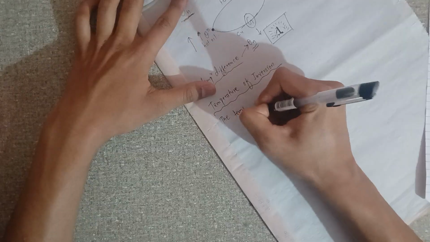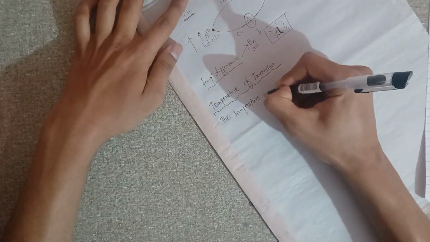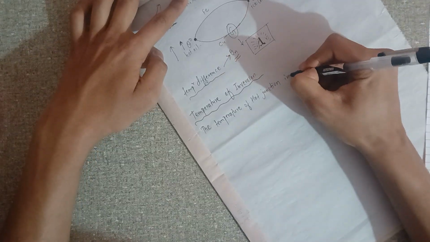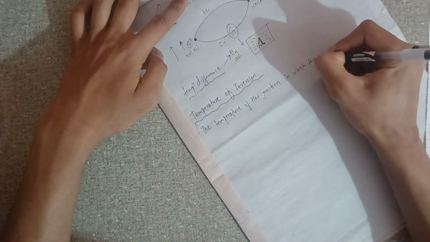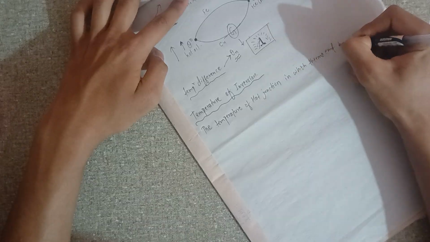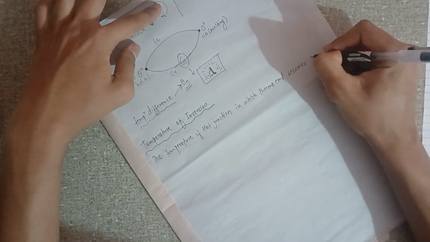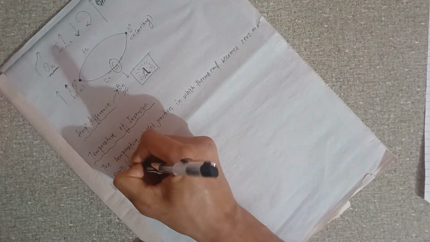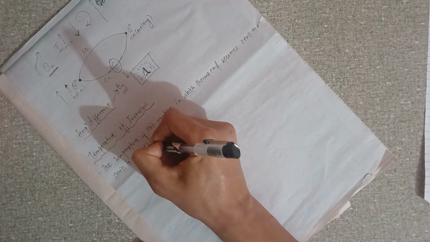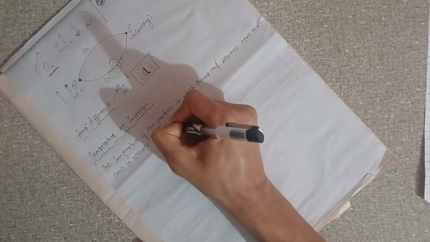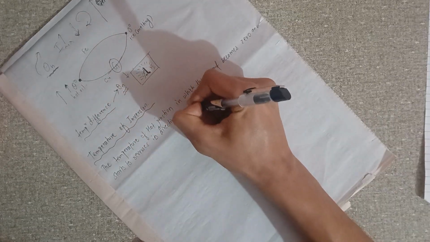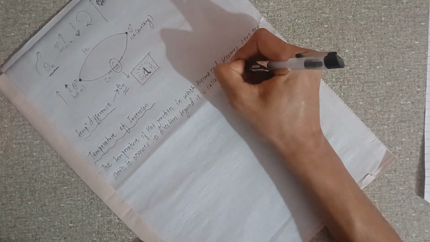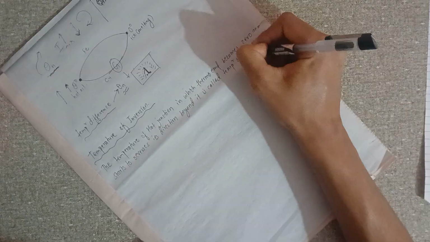The temperature of hot junction at which thermo EMF becomes 0 and starts to reverse its direction beyond it is called temperature of inversion.